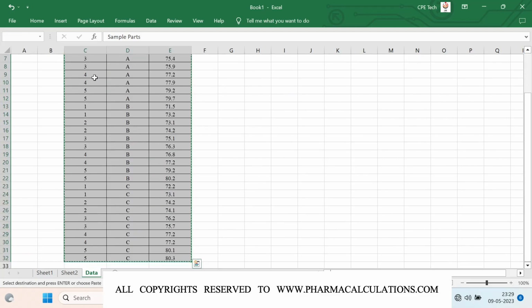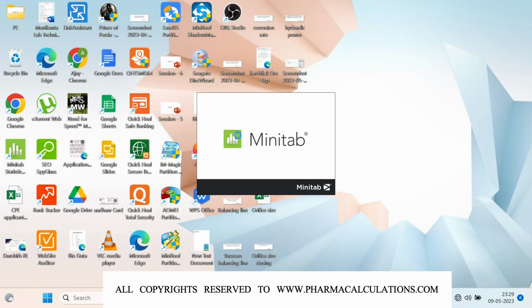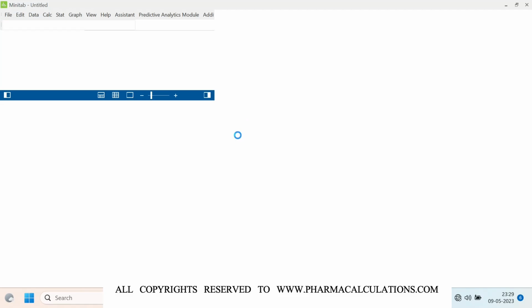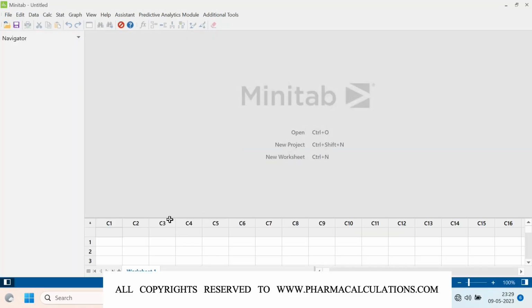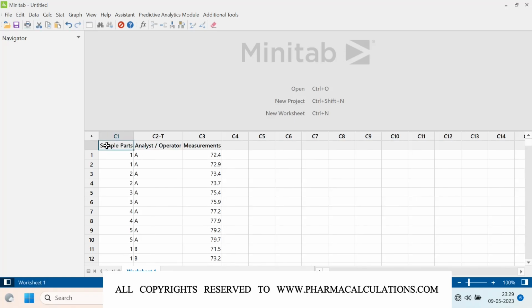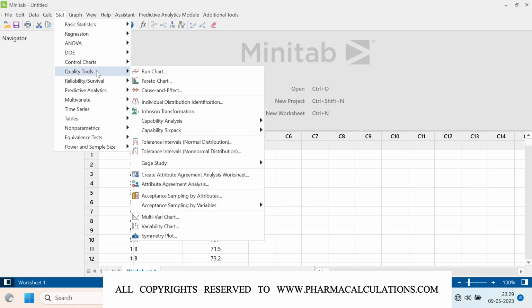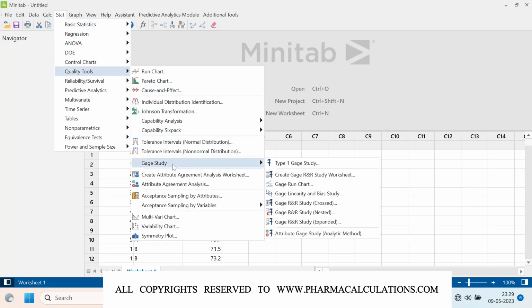Just copy these and open Minitab, and place the data that we have gathered into this Minitab worksheet. I have just pasted it, and now for performing this Gage R&R study, get into Stat, then Quality Tools, and in this you'll find Gage Study.